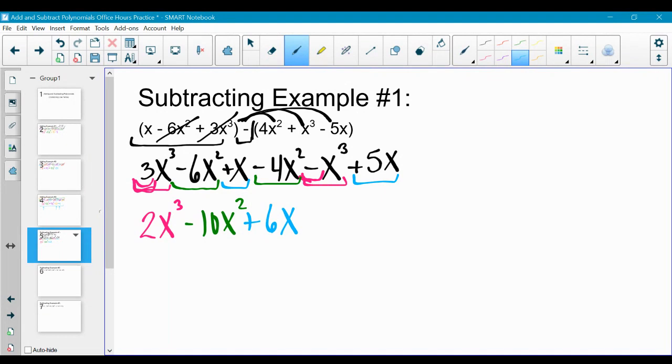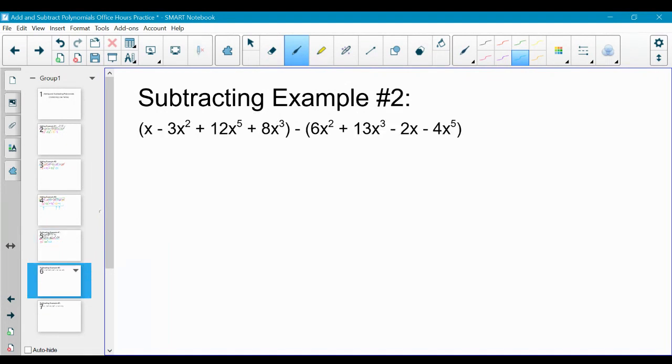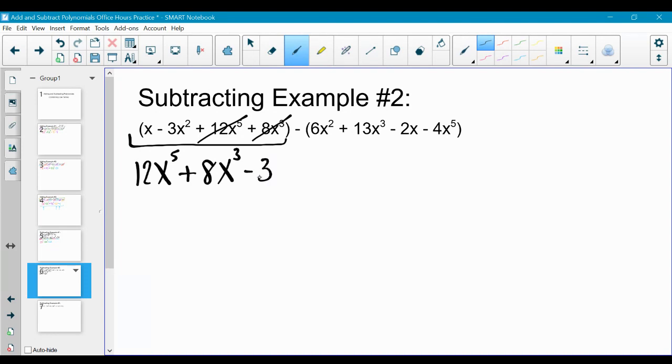Now, with more terms, it doesn't necessarily get more difficult, but we do want to make sure we have things in the right order. So again, I'm going to rewrite this entire first polynomial in order from least to greatest. I have a positive 12x to the 5th, then a plus 8x cubed, then a minus 3x squared plus x.